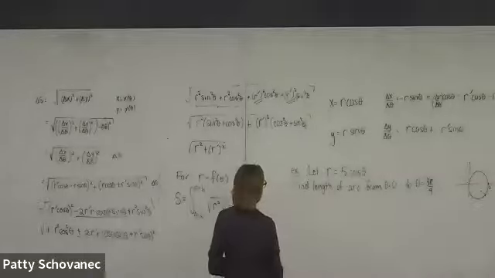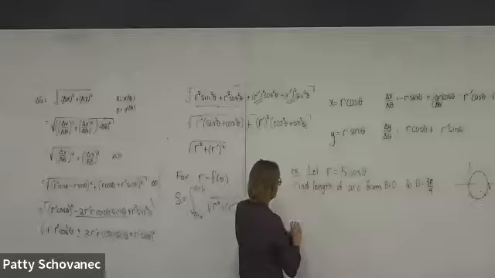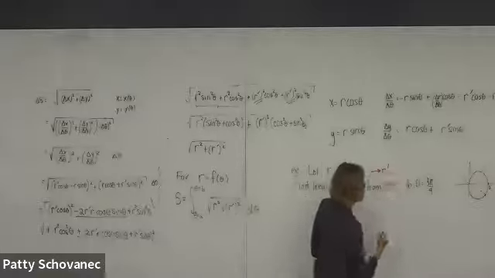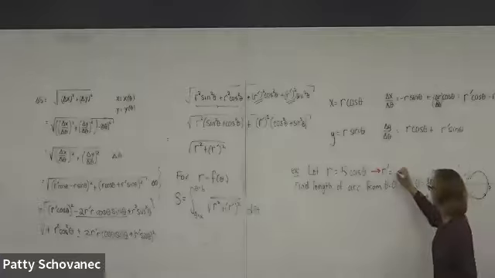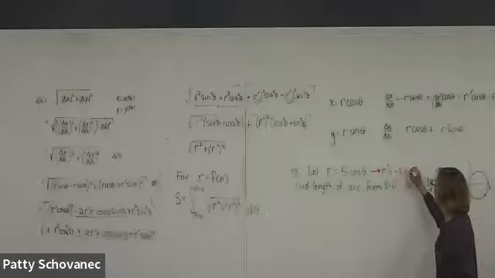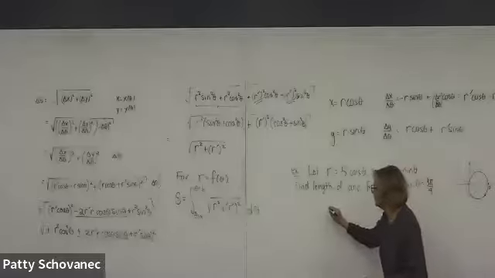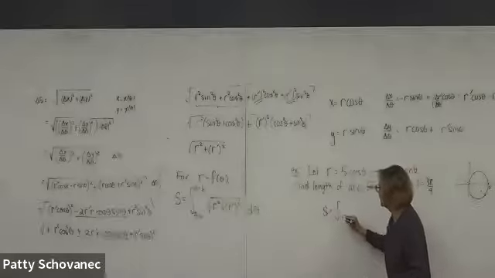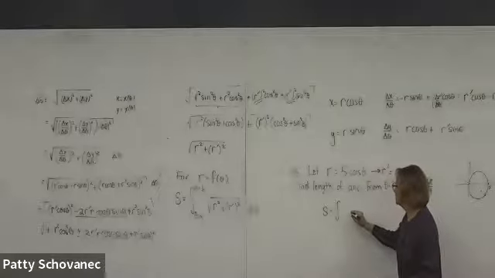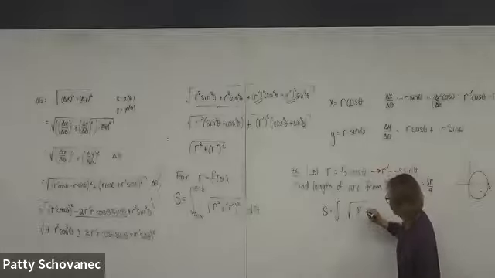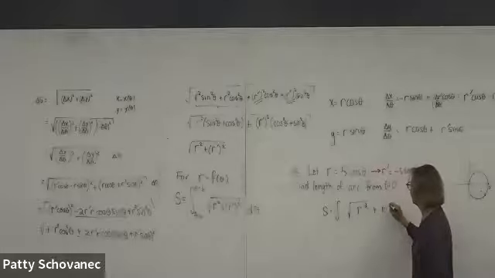Okay, what's our r prime? Negative 5 sine theta. And then let's put it into our formula. Arc length is going to be the integral of the square root of r squared plus r prime squared.